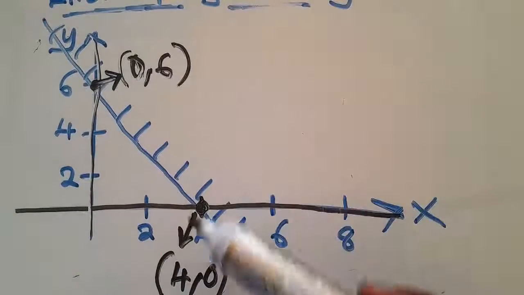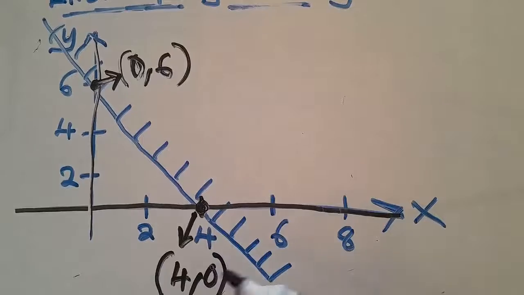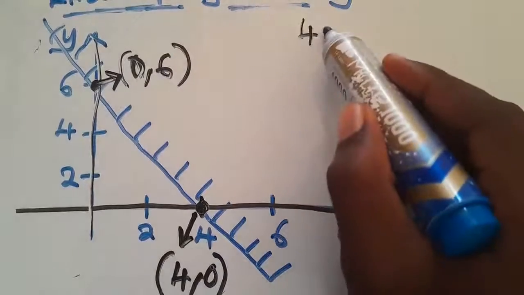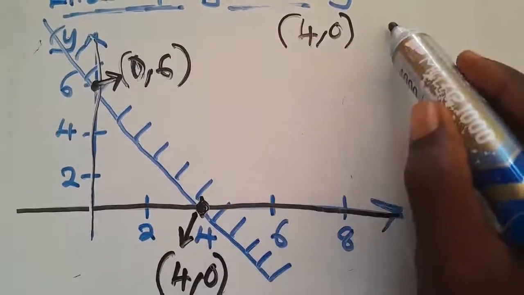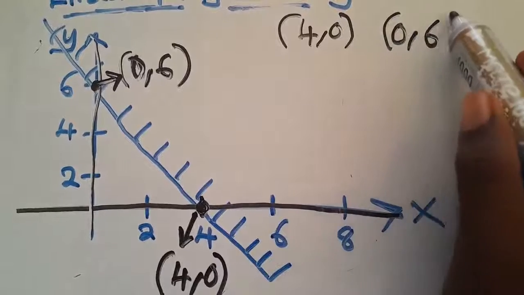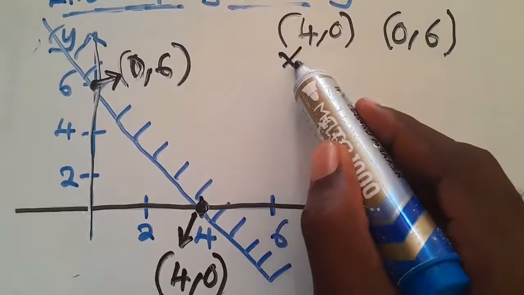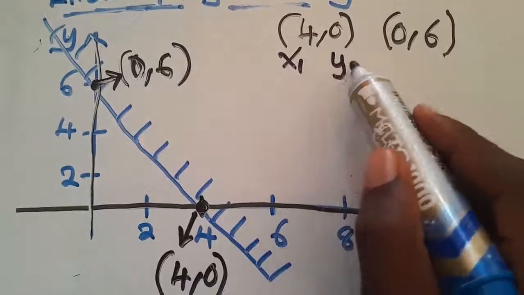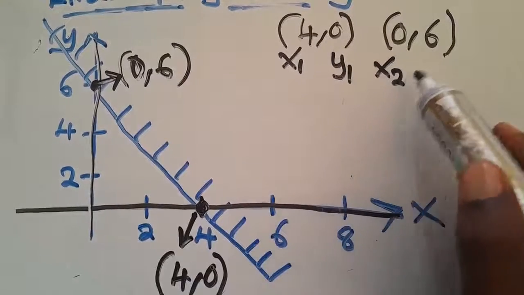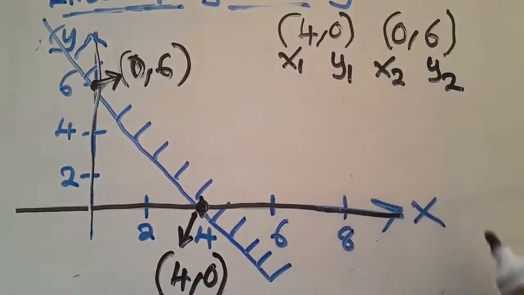So I'm able to get these two coordinates. I've gotten 4, 0 and 0, 6. You can start with any of the two. So you can say this is x1, this is y1, this is x2, this is y2, like this.